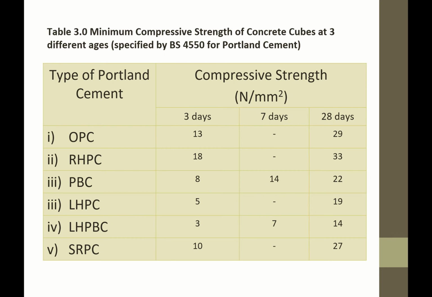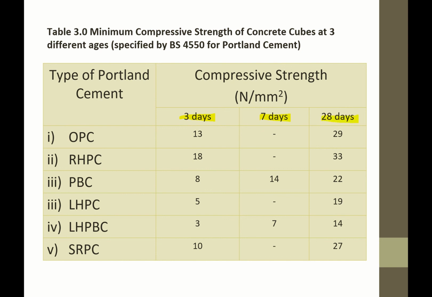Table 3 shows the minimum compressive strength of concrete cubes at 3 different ages specified by BS 4550 for Portland cement. When we identify the strength of concrete, we look at 3 days, 7 days and 28 days.